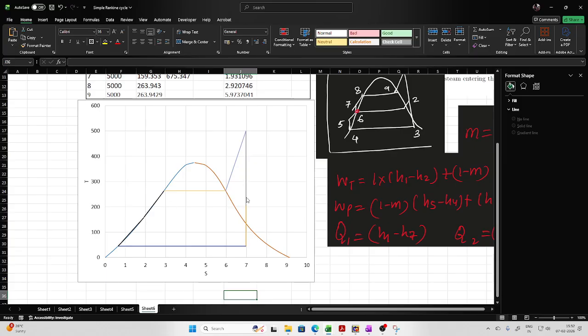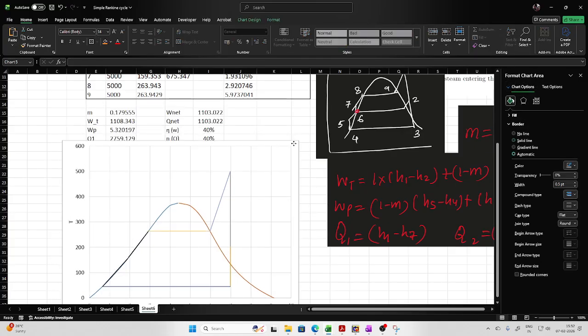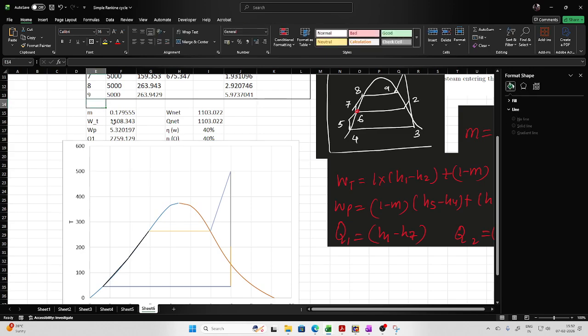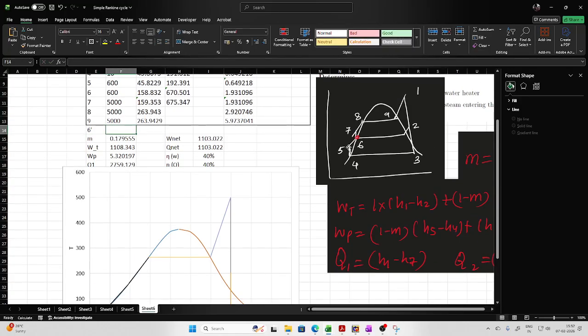Okay, now we have to extract from this point, but how to do it? We have to draw this particular line. Now if this is 6, then we should have something called 6 prime. So we'll add this 6 prime here, and what is this 6 prime?